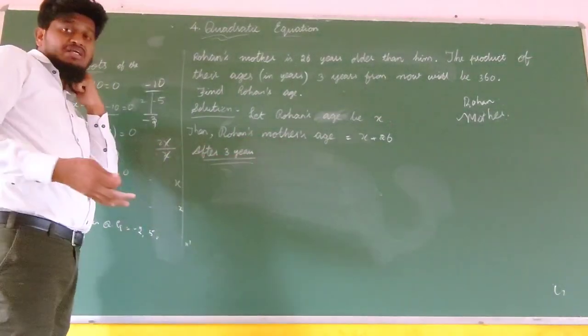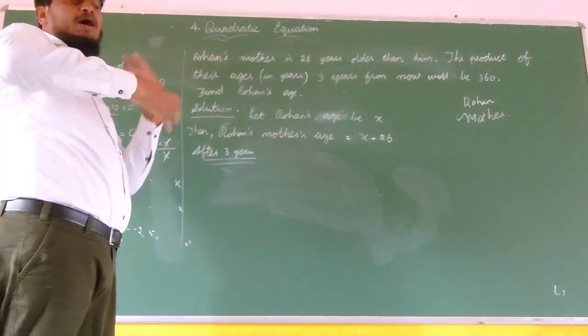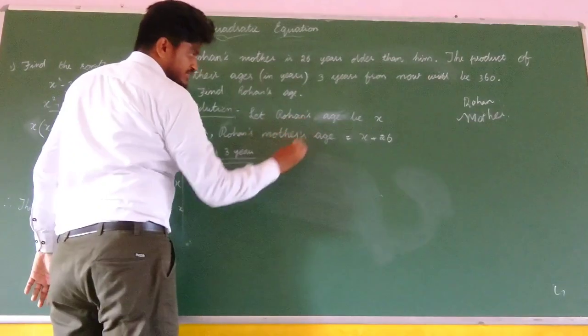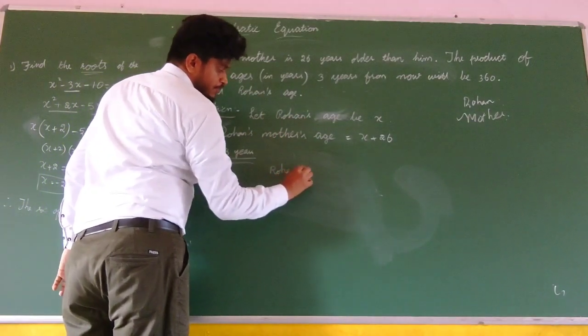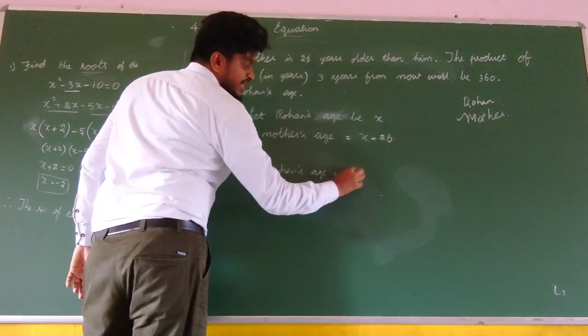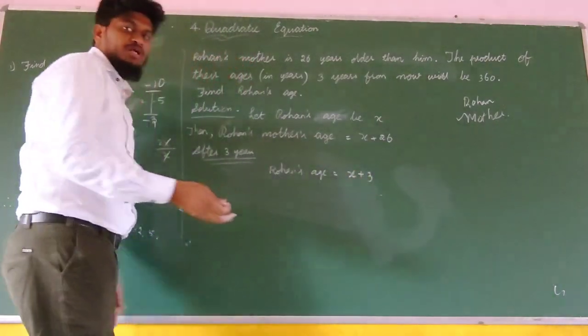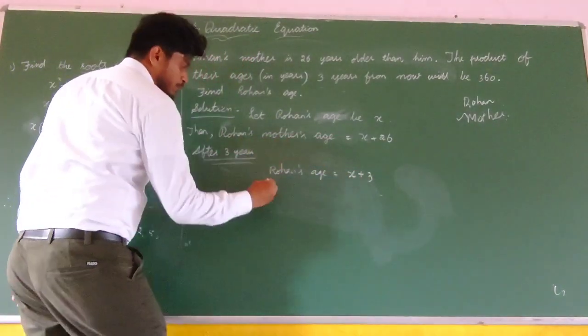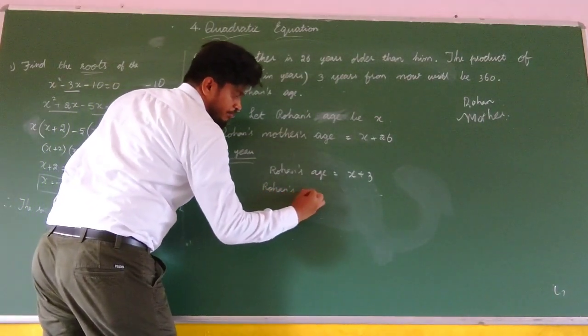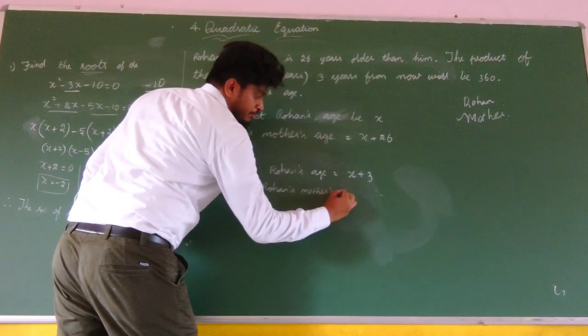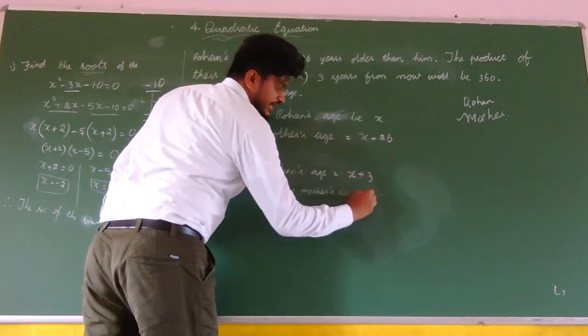So we have to multiply after 3 years, which means plus. So what about Rohan's age? It will become x plus 3. Why? Because after 3 years, that's why. And what about Rohan's mother? It will become x plus 26.